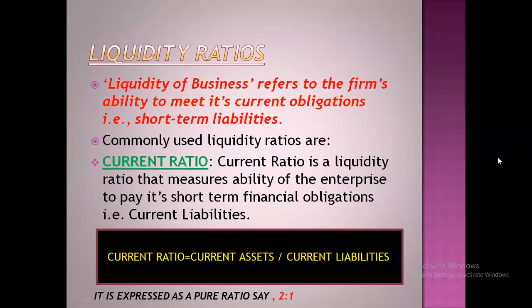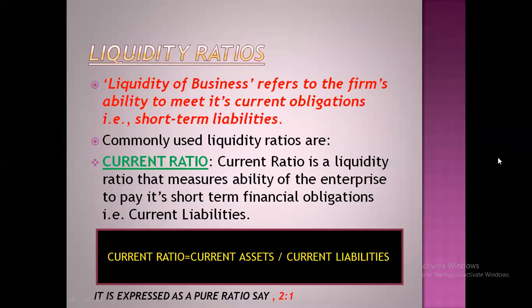Now, liquidity ratio. As I explained to you, liquidity ratio helps to check the short-term solvency of the firm. Commonly used liquidity ratio is the current ratio. The formula to get the current ratio is current asset upon current liability.